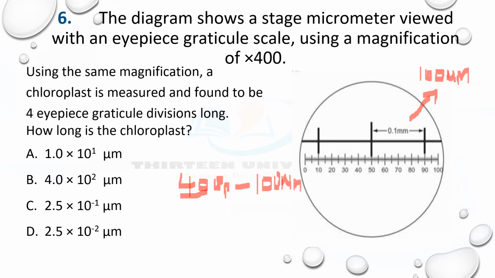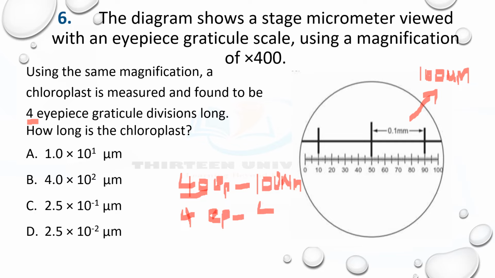From the question, we're looking for 4 eyepiece graticle divisions. 40 gives us 100, so 4 will give us what? You just cross multiply.